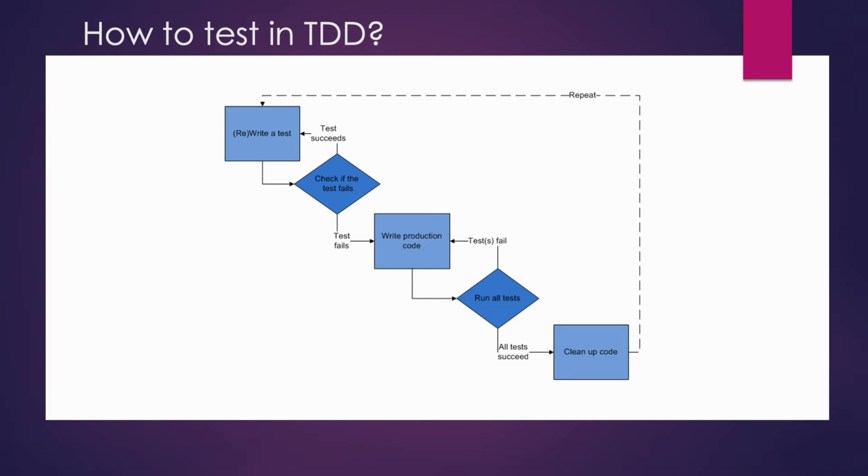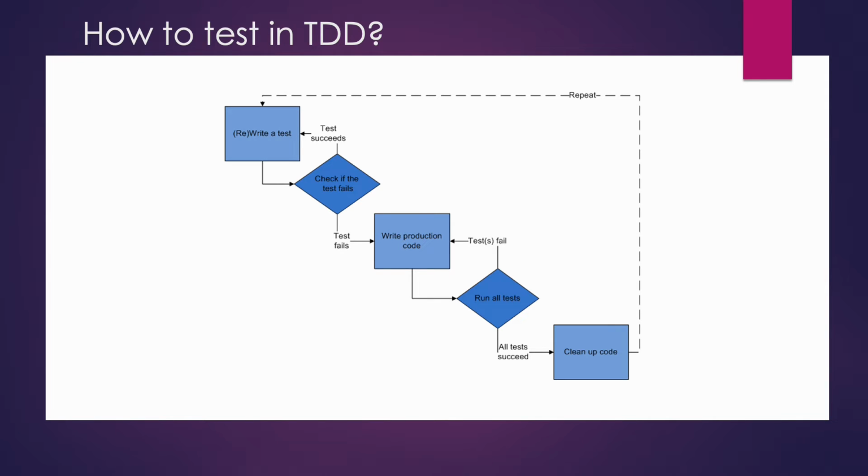So how to test in test-driven development? Test-driven development is a cyclical process designed to develop code that passes tests. This process has 3 main phases. The first is creating a precise test. Then you run that test to see if it passes. If it passes, you'll write some more tests.